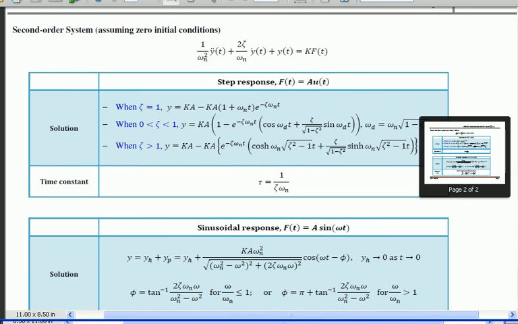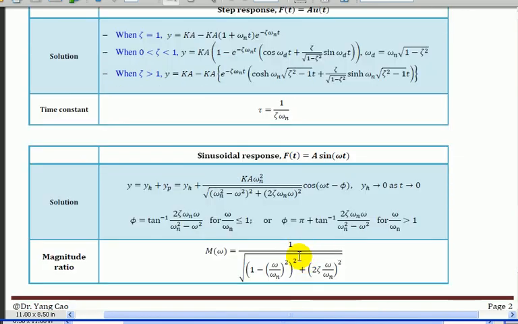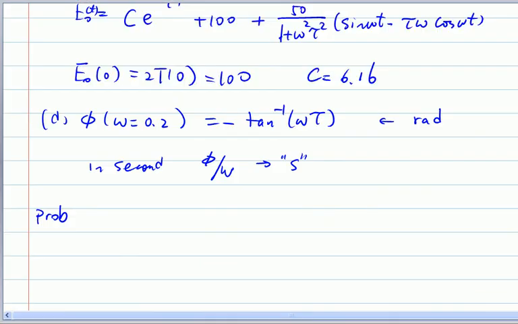The sinusoidal response for a second order system is given over here. The corresponding phi angle and the corresponding magnitude ratio are given here. So this is your magnitude ratio. We're looking for a zeta value so that this guy is 0 when omega equals omega n. So let's take a look at this one.